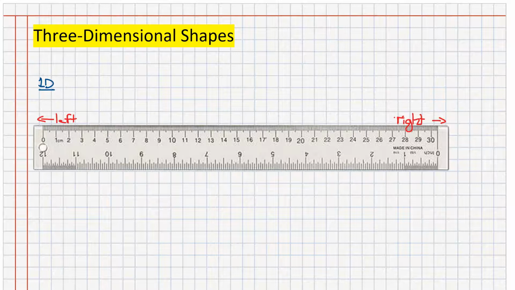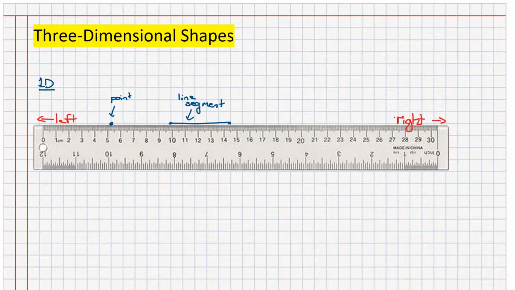Now, the shapes which we can draw on top of a ruler are, we can draw a very simple one, and it is just a point. Or we could draw, say, for example, 2 points, and between those points we would get a line segment.